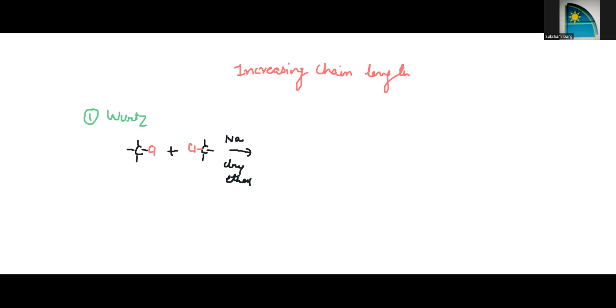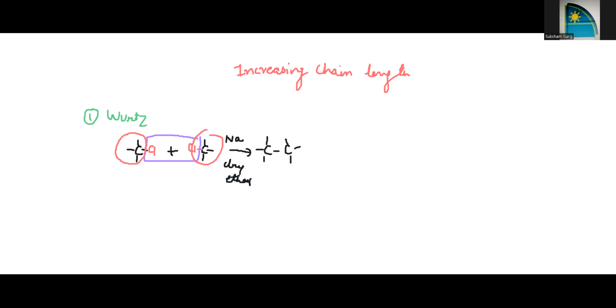In the presence of sodium, these two Cls will react with sodium and sodium chloride will leave, and this part and this part, I'll mark, will join together and that will be the final product. Which means that if you start from chloromethane, you get ethane as a product of Wurtz reaction.